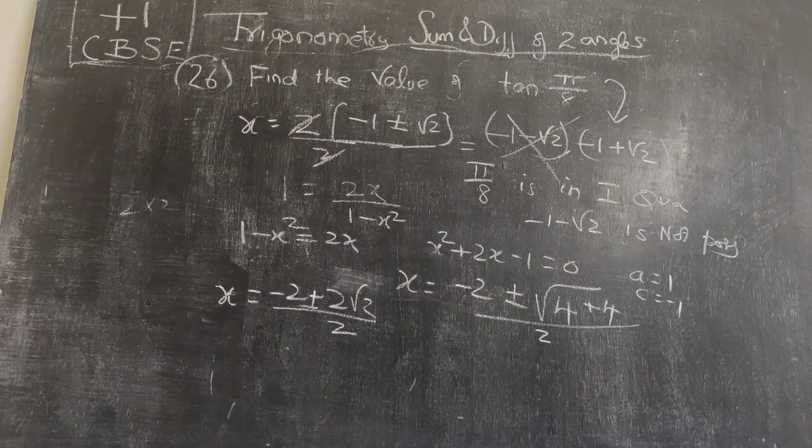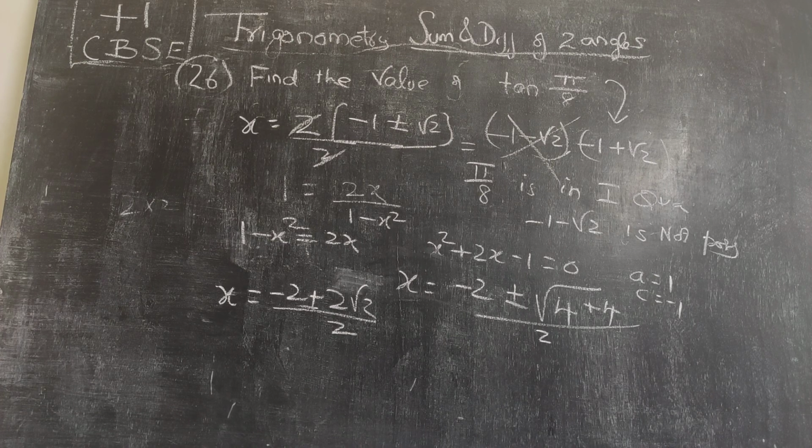So, two things: x square plus 2x minus 1 equal to 0. You should remember that this is not a perfect square, so for this you use the formula x equal to minus b plus or minus square root of b square minus 4ac by 2a, and find the values of x as minus 1 plus or minus root 2.